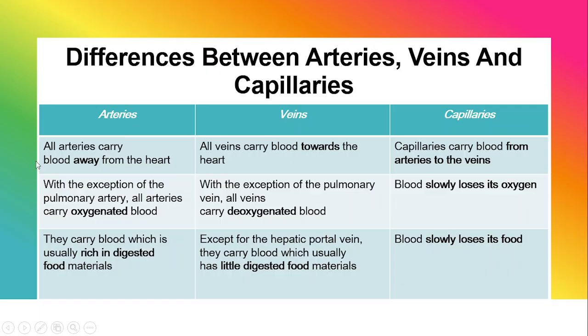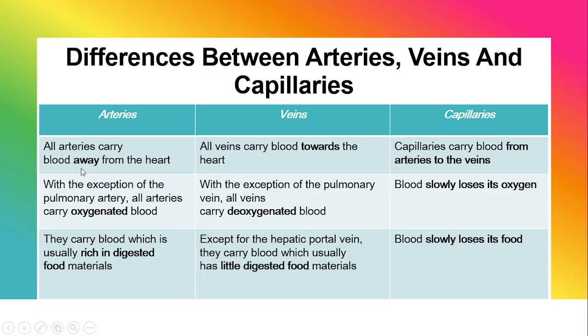Then arteries, with the exception of the pulmonary artery, all carry oxygenated blood, while in terms of the veins, with the exception of the pulmonary vein, all veins carry deoxygenated blood. And the blood capillaries carry blood that slowly loses its oxygen. That's how these three blood vessels differ in another way.